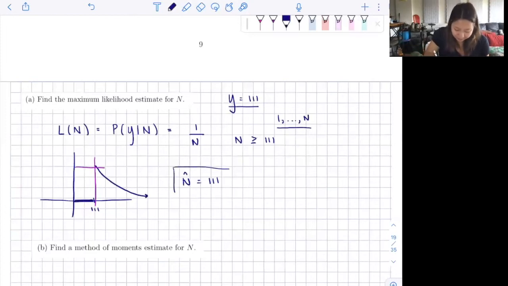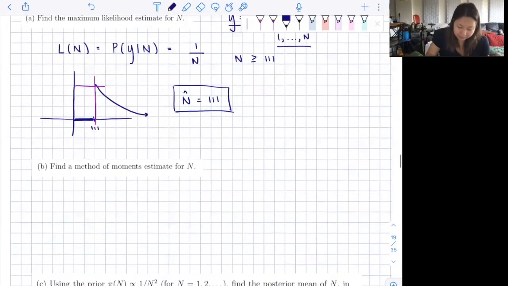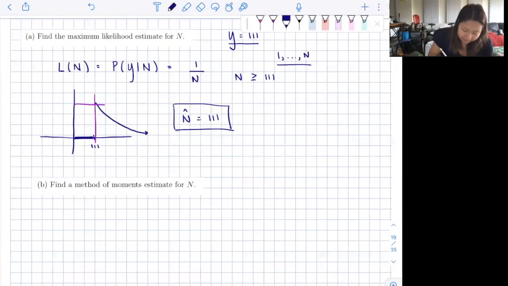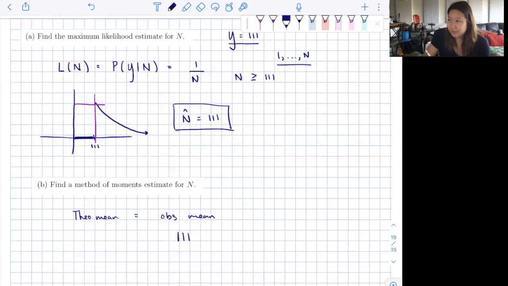So here's our MLE. And next, the method of moments. The method of moments says that the theoretical mean is equal to the observed mean. Our observed mean is just 111 because that's the only thing we saw. And the theoretical mean is the average number that you observe from here.